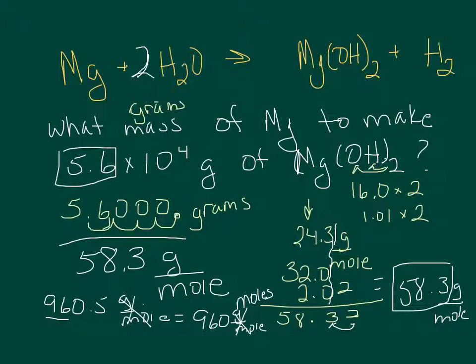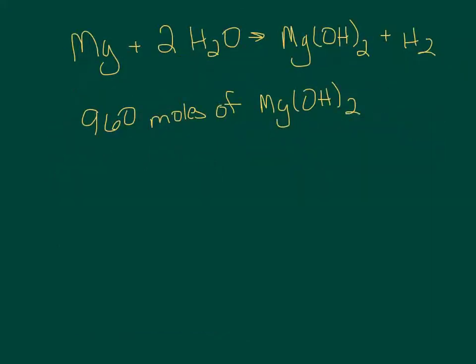Okay, so that's step 3. I have converted my grams to moles. The next thing I need to do is go from moles to moles using the proportions. Let me erase some on my page so I'll have more room to write. Now I need to use my proportions to go from moles of MgOH2, and our problem was talking about how many grams of Mg do I need.